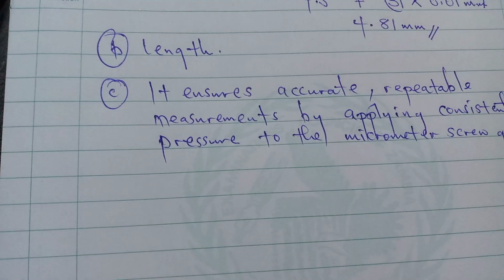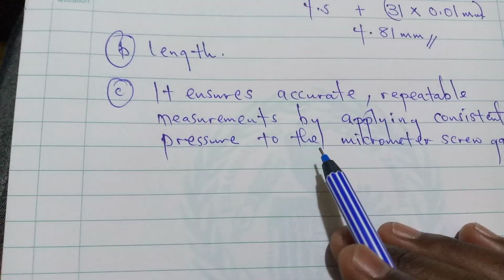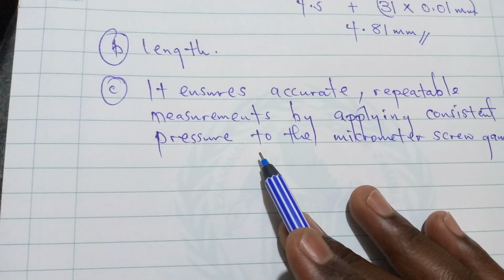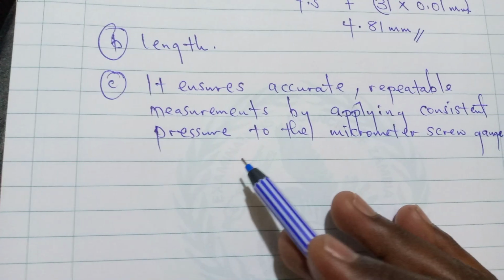So the role or the function of the ratchet is that it ensures accurate repeatable measurements by applying the consistent pressure to the micrometer screw gauge.